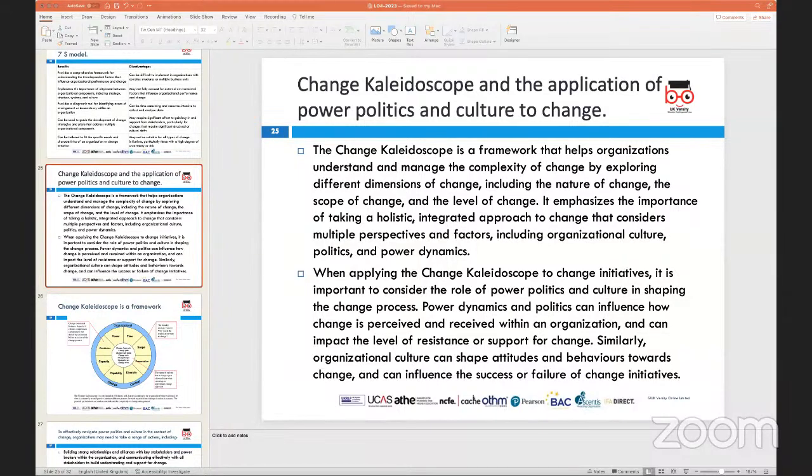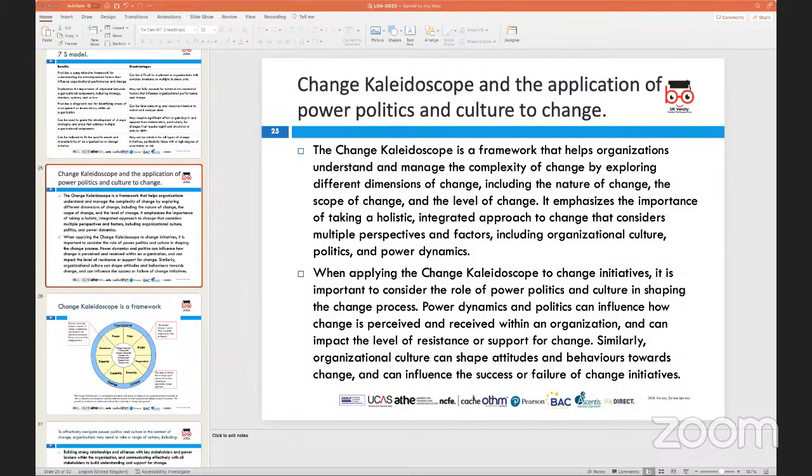So kaleidoscope is essentially changing patterns. The tube actually contains pieces of glass which, when moved, produce different patterns. So the analogy here is that when we look at the change kaleidoscope, which is constantly changing patterns or sequence of changes happening within the organization, we will look at the kaleidoscope model of change.